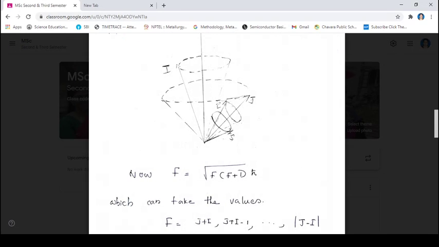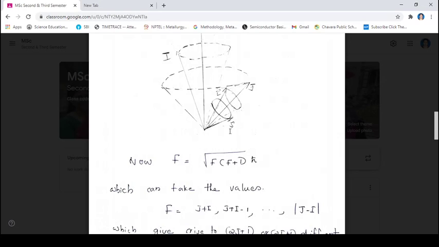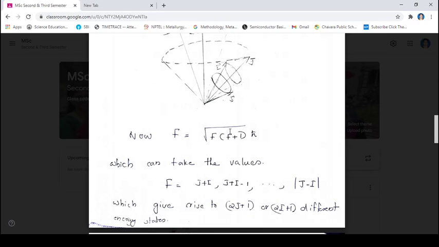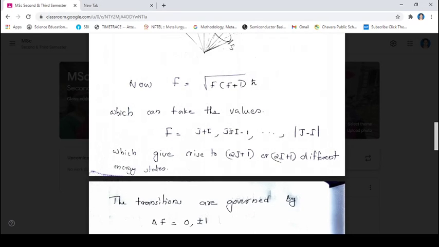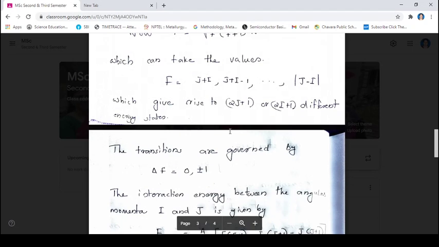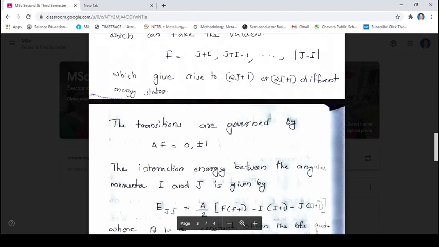Now F can also be represented as square root of F(F+1) times h cross, and F can take values from J plus I to modulus of J minus I, that is 2J plus 1 values. Once the splitting has occurred, the transitions between the various levels are governed by a selection rule.